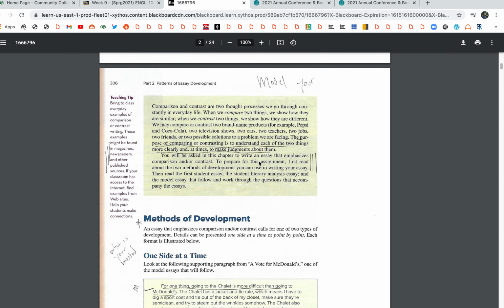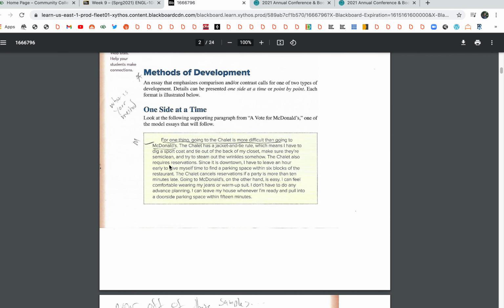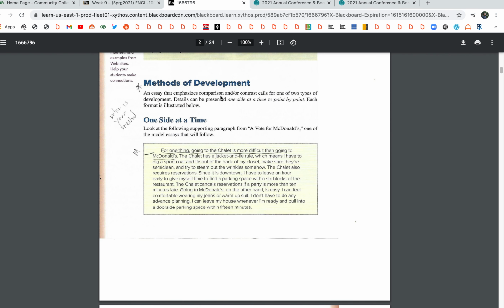You'll be asked in this chapter to write an essay that emphasizes comparison and or contrast. To prepare for this assignment, first read about the two methods of development you can use in writing your essay. So here is the two things, the two examples. If you look at our assignment sheet, I want you to write at least one paragraph. I don't really care how you construct your paper.